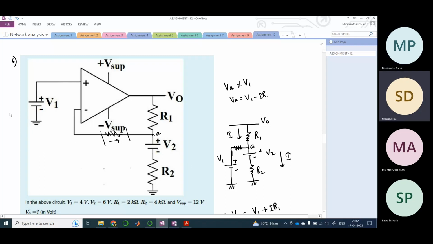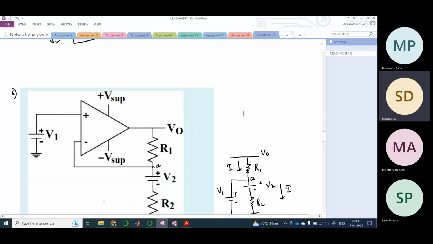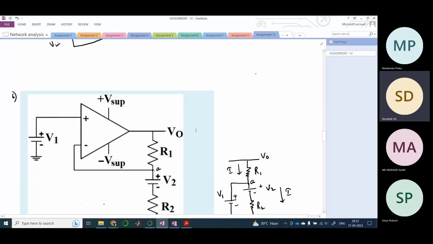Okay, let me just remove all these parts. I got your question now. Okay, fine. So let me remove this resistance also. So you are saying that we have removed this R1. So the equivalent circuit becomes something like this. Just correct me if I am wrong.